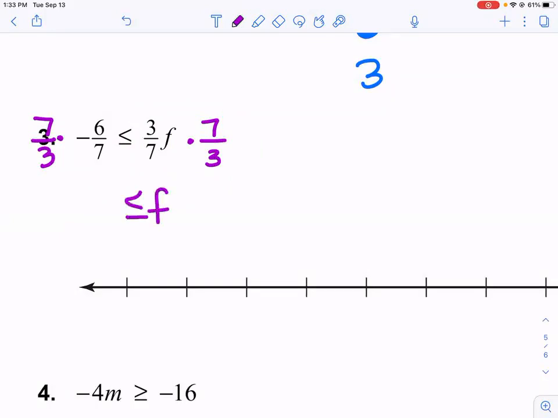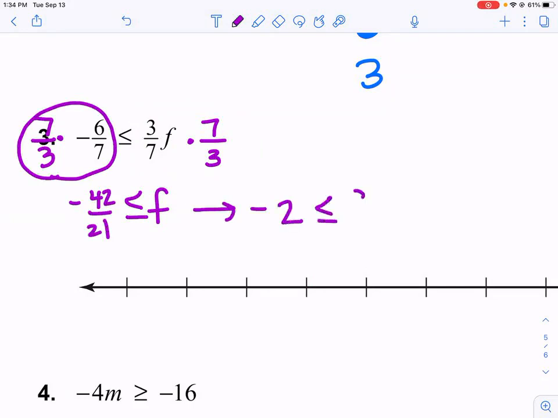So we have F, and over here we have 7/3 times -6/7, which would be -42 over 21, AKA -2. So F is greater than or equal to -2.